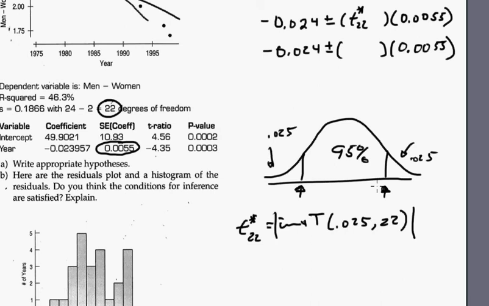When I do that on my calculator, I get a negative, which I'll make positive, 2.074. I'll round.